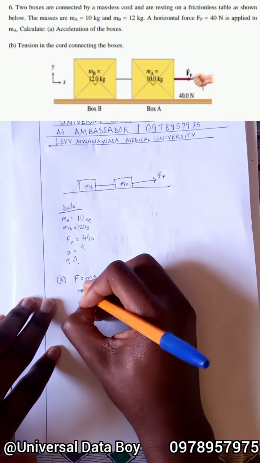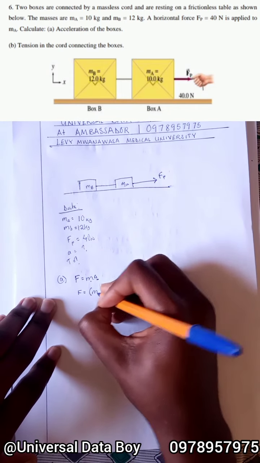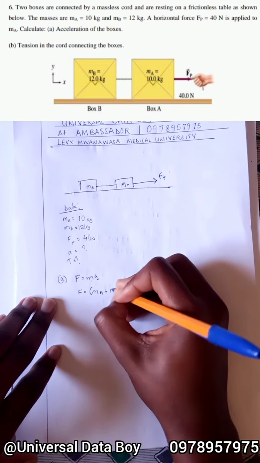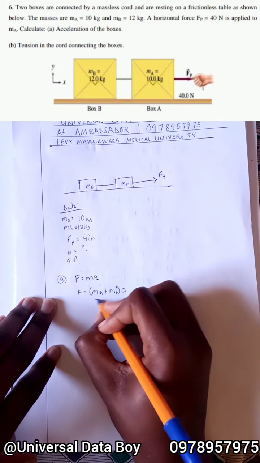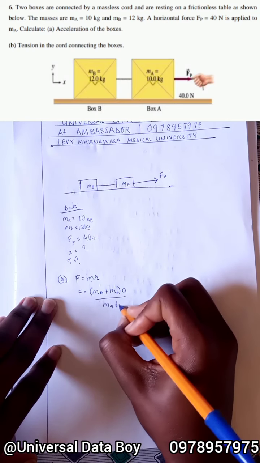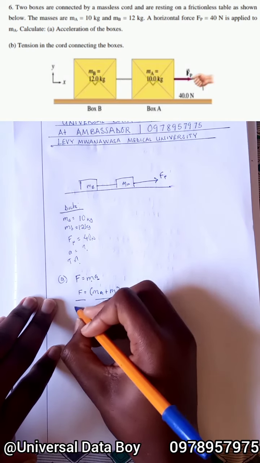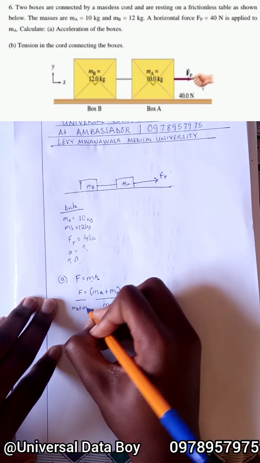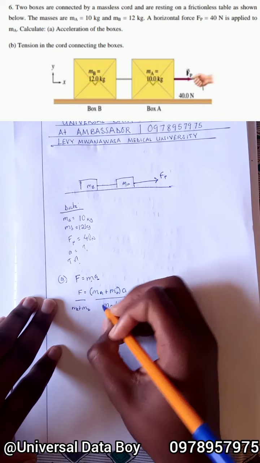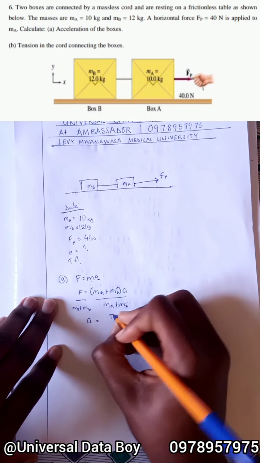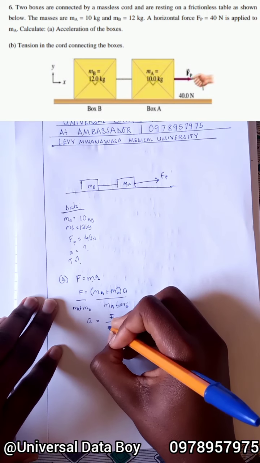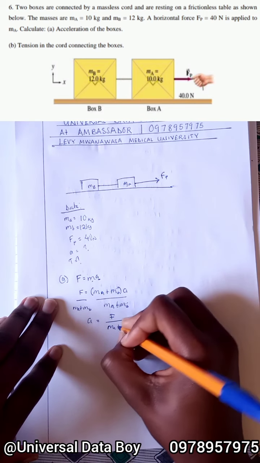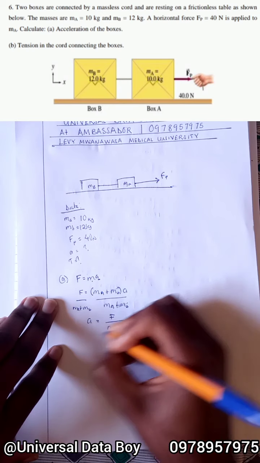So we have our force being equal to mass of A plus mass of B, times the acceleration. So now we divide both sides by MA plus MB. This will cancel, and then we have our acceleration being equal to the force over the total mass, MA plus MB.